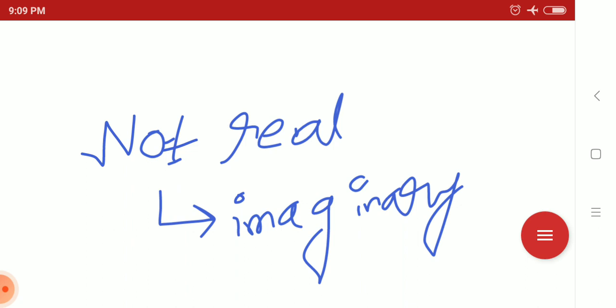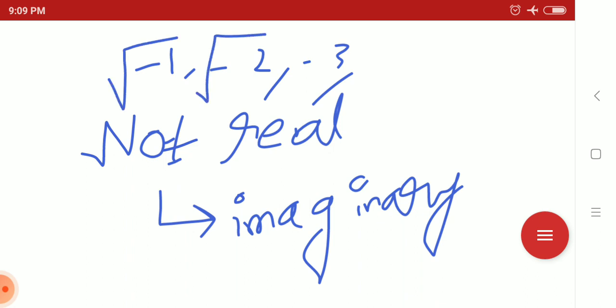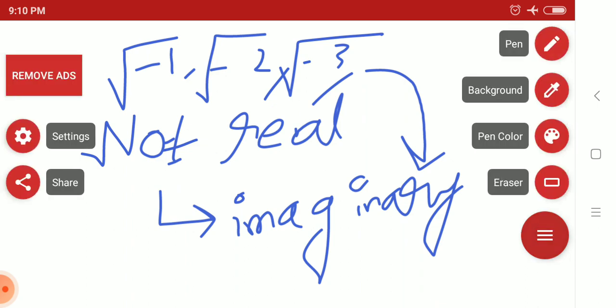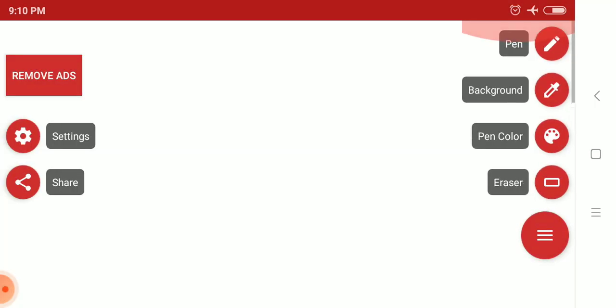Imaginary number means, for real numbers we can write, suppose, -1, -2, -3. We can write these. But when we take the square root of a negative real number, it turns into an imaginary number, or not a real number.